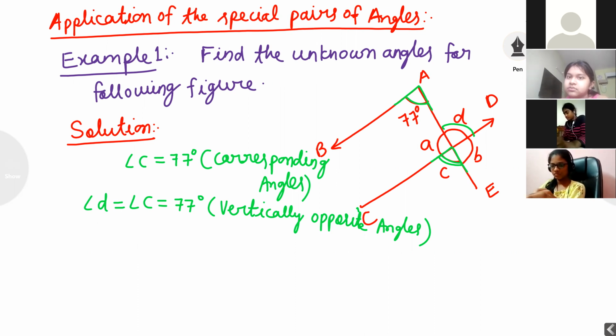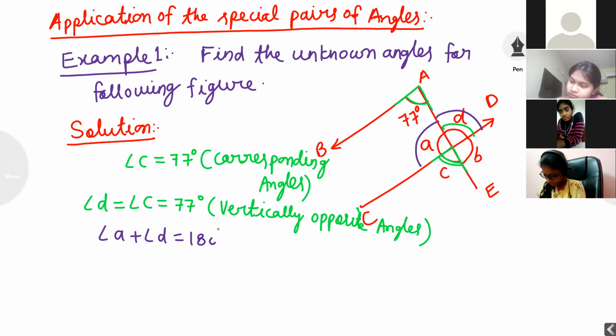I am taking this angle plus this angle is equal to 180 degrees. Angle A plus angle D is equal to 180 degrees. Here we write in brackets the name of the angle: linear pair angles. Like that, yesterday's homework was there.